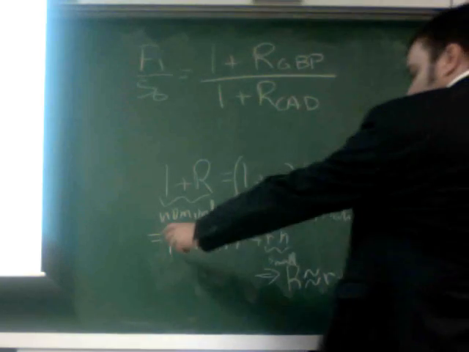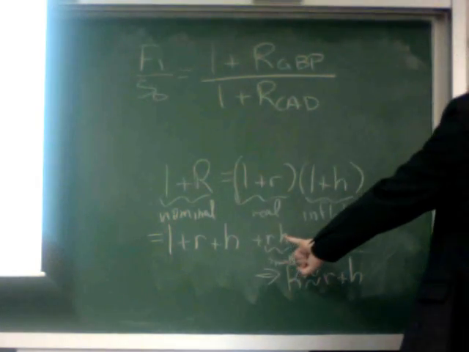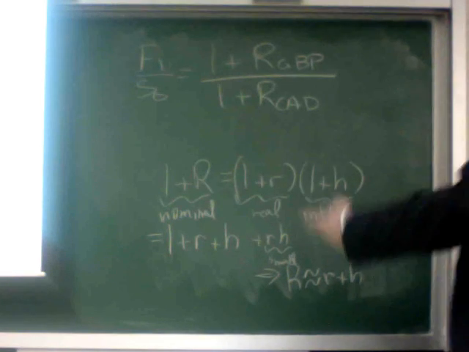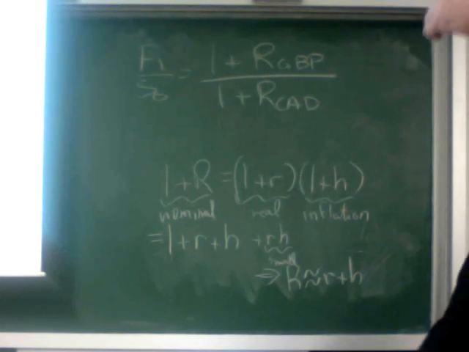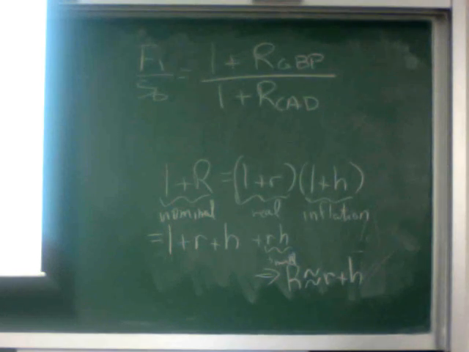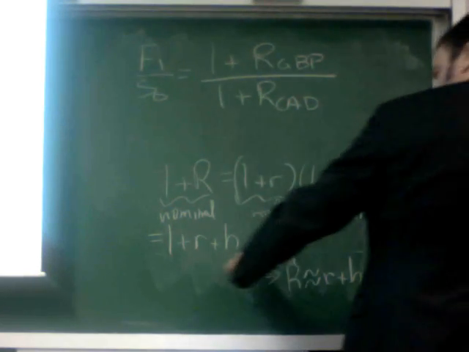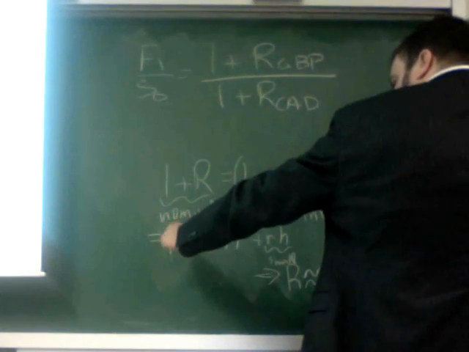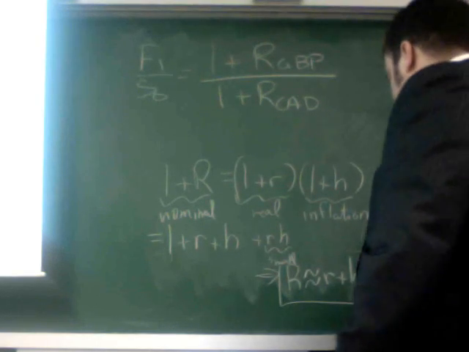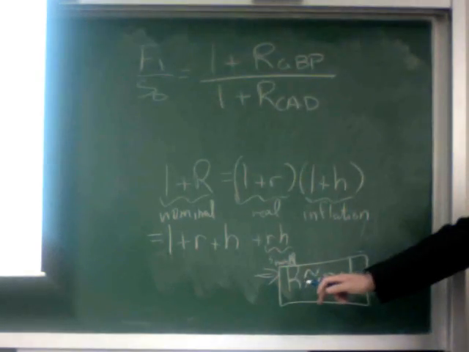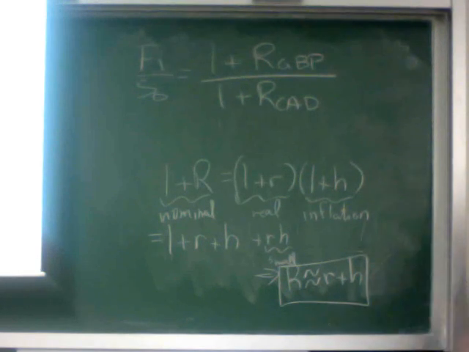So if you take this equation, you drop out the RH because, if you have, say, one thing is 10%, the other thing is 10%, you're talking about 1%. But if you have like 5% and 5%, you're talking about a tiny little percentage. And then you have 1 plus R on that side and 1 plus RH on that side. So you can say that the nominal rate is approximately the real rate plus the inflation.